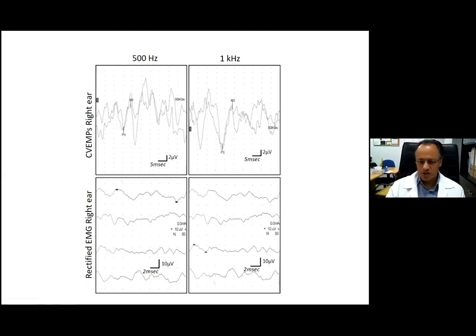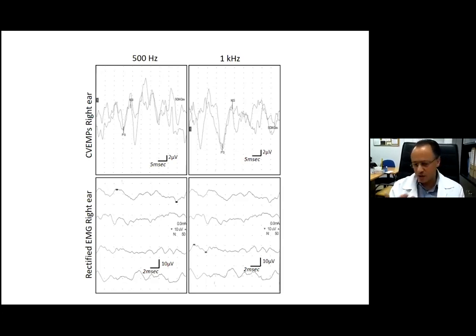What I would like to mention here, and this is something that is often missed in the literature, I see mention of patient groups where patients are not included in the study if the responses at 500 hertz are absent.